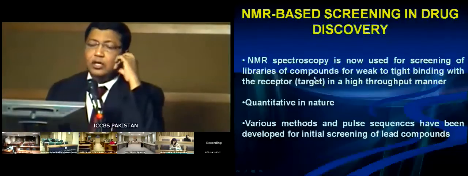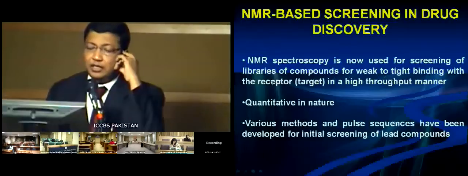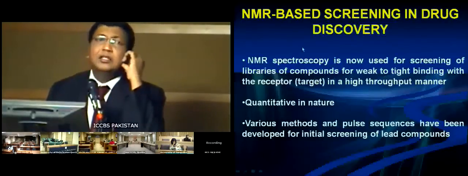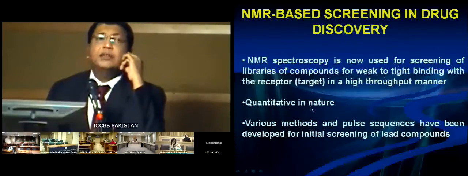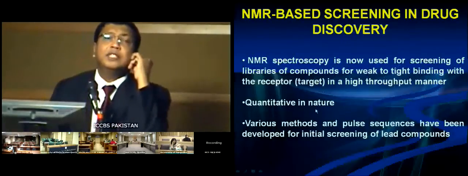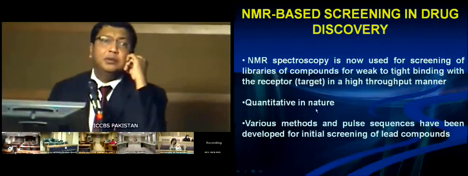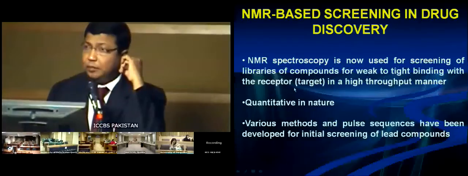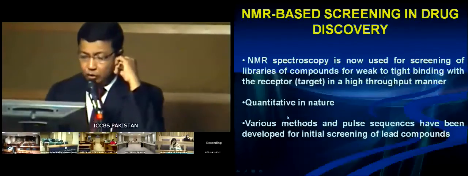It is now used for the screening of libraries of compounds for weak to tight binding with the receptor target, your enzyme, in a high throughput manner. And this high throughput manner is the need of the time, because you want to save time in the discovery of lead molecules. It is quantitative in nature. So precisely as in a biophysical method in which you determine the IC50 values, you can also determine the binding affinity by using NMR spectroscopy.